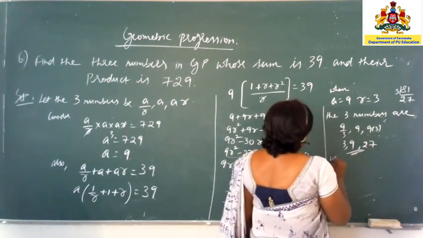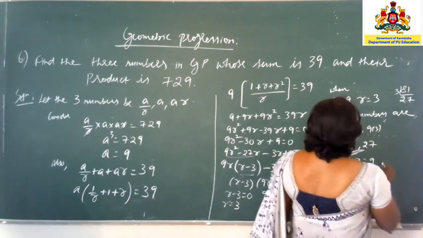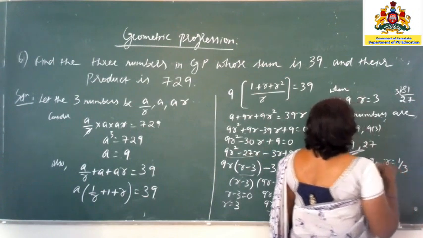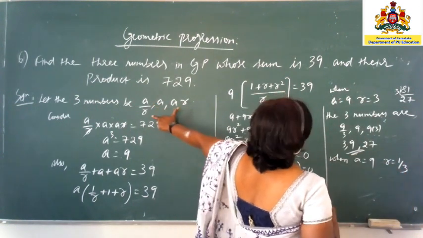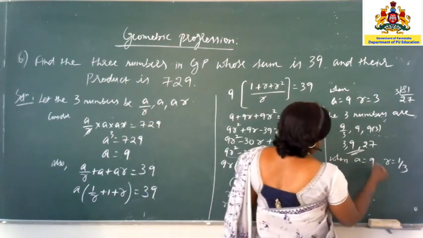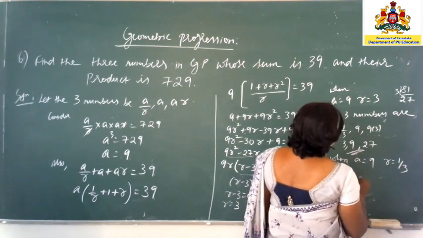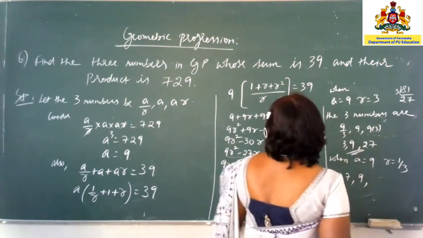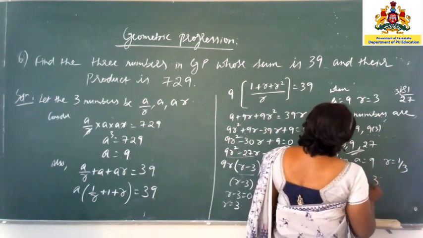So when A is equal to 9, R is equal to 1 by 3. So in that case, A by R, so 9 by 1 by 3, so 9 into 3, 27. Then 9. Then AR, 9 into 1 by 3, that will be 3.